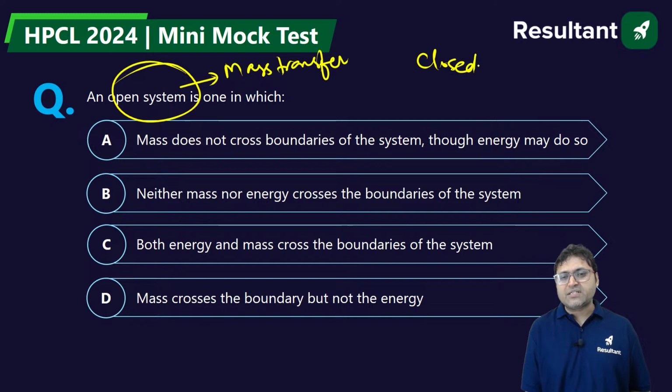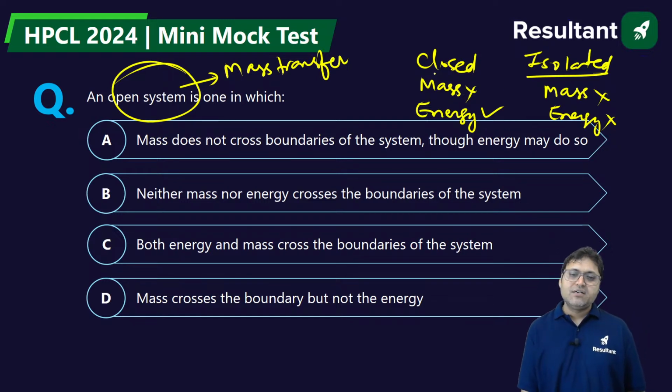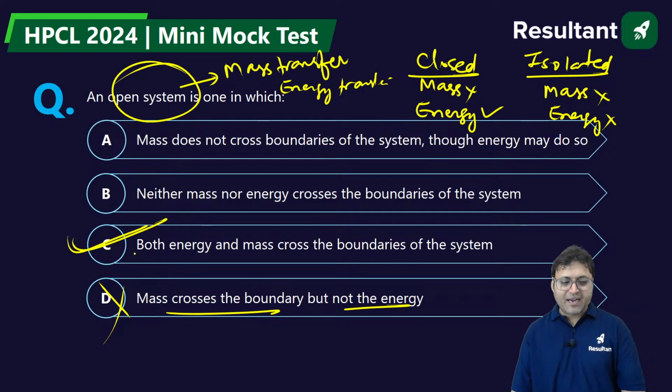One is called a closed system: mass transfer will not take place, but energy transfer will take place. And the third one is the isolated system: mass transfer will not be possible and energy transfer will also be impossible. So these are the three types of system. Mass crosses the boundary as well as energy transfer will also take place. Mass crosses the boundary but not energy, D cannot be true. Both energy and mass cross the boundary. C is the correct answer.